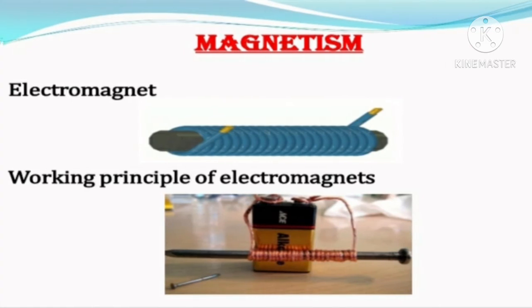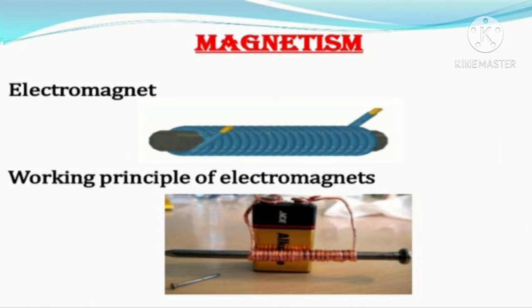Electromagnet. A simple electromagnet consists of a coil of insulated wire wrapped around an iron core. Working principle of electromagnets. Electromagnets work on the principle of the magnetic effect of electric current. It is formed when a strong magnetic field is produced inside a solenoid to magnetize a piece of magnetic material like soft iron.